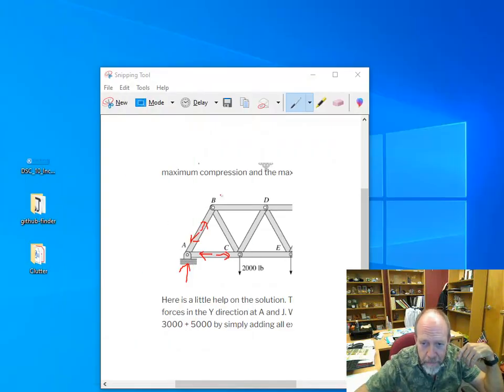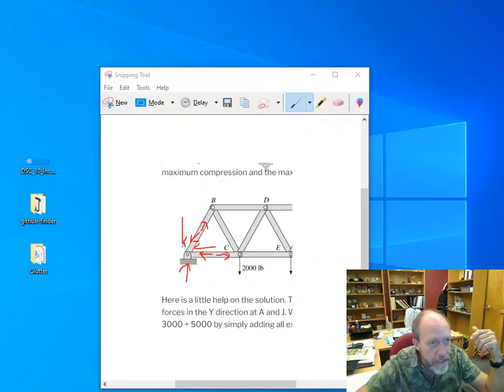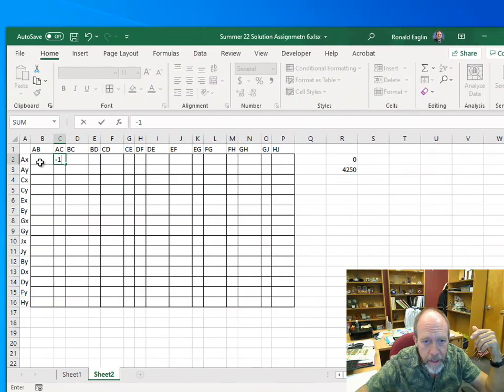Then I've also got this AB component. If you're looking at this vector right here, you've got the Y component, which is this guy, and you've got the X component, which is this guy. The X component is going to be the actual force times the cosine of this angle, which is 60. It's going to be negative because it's going in the negative direction. So let's put it in there, -0.5.